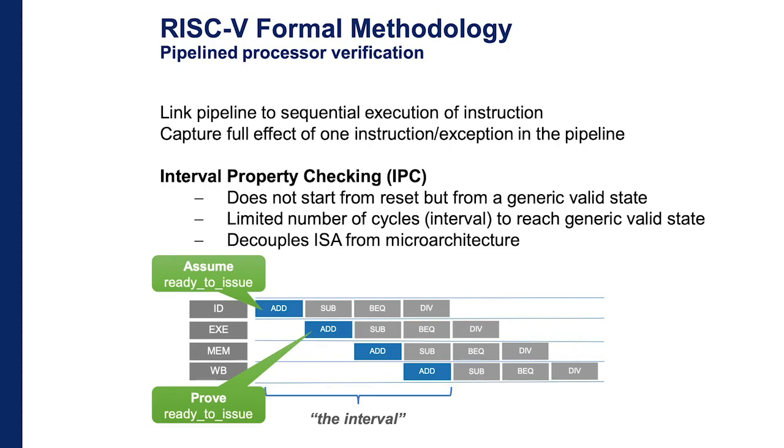This limited number of cycles is the cycles until the instruction leaves the decode stage and until it is retired. To make it easier and to adapt to different cores, the interval property methodology decouples the instruction set architecture, the standard, from the microarchitecture details.